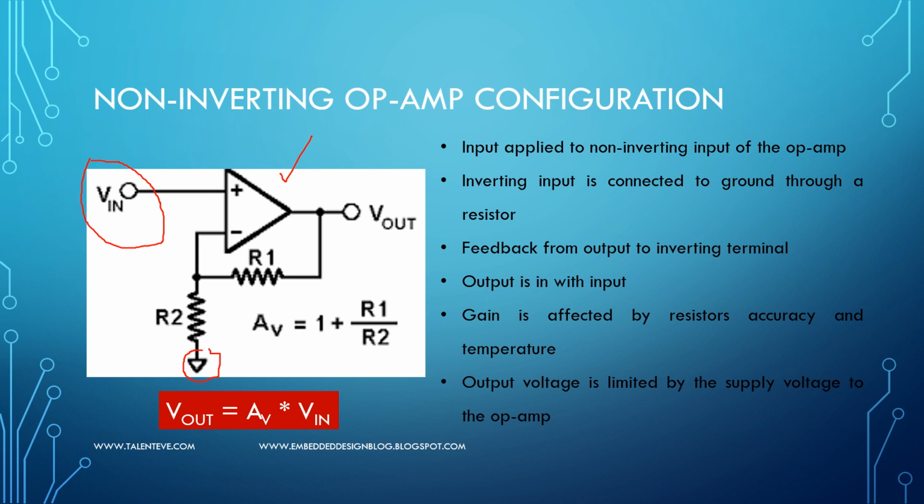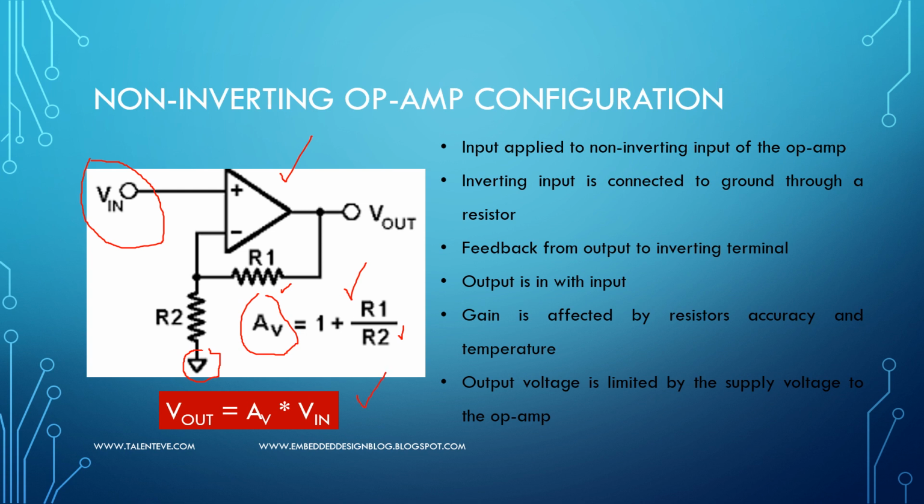The output will be in phase with the input, and the gain is decided by 1 plus R1 by R2, where R1 is the feedback resistor and R2 is the resistor to ground on the inverting terminal. As we discussed initially, Vout is given by the product of this gain and the input.